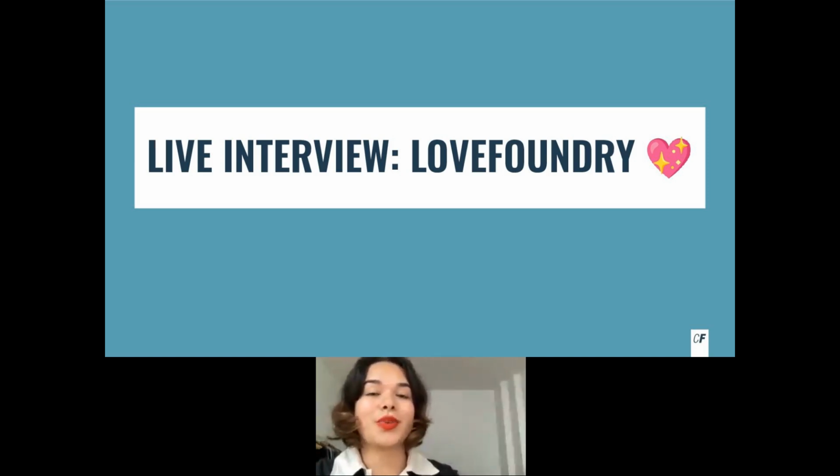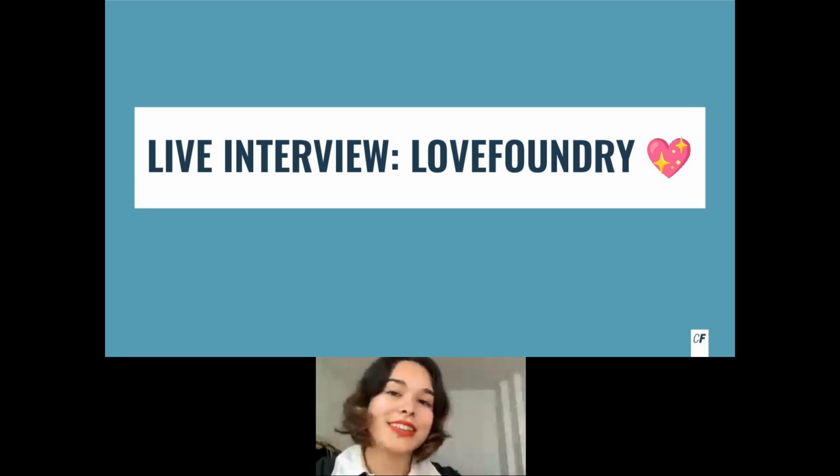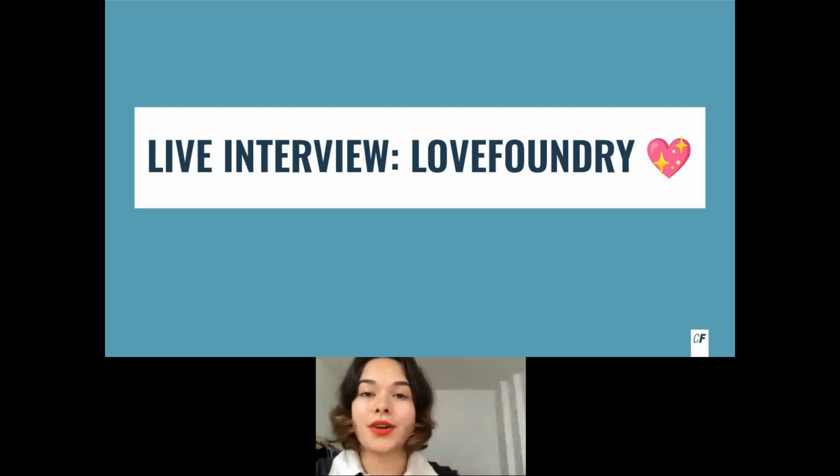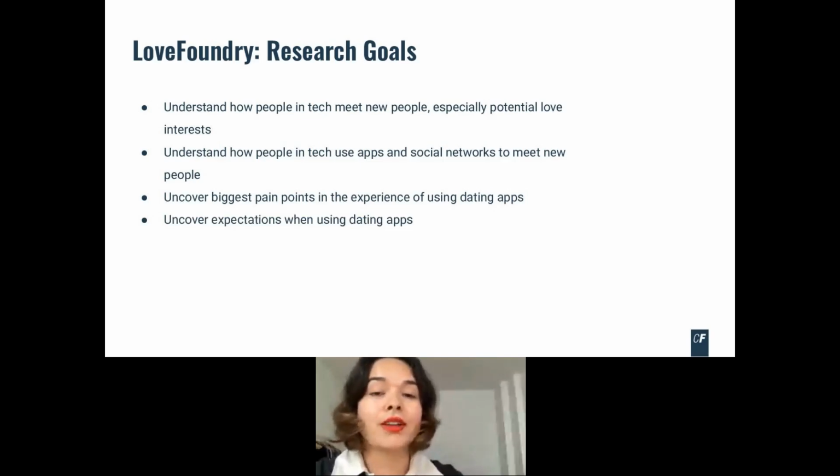And for this, we have an imaginary dating app called CareerFoundry. And CareerFoundry is a dating app for people that are working in tech. So I already defined a few research goals for this, which is we want to understand how people in tech meet new people and especially potential love interests.